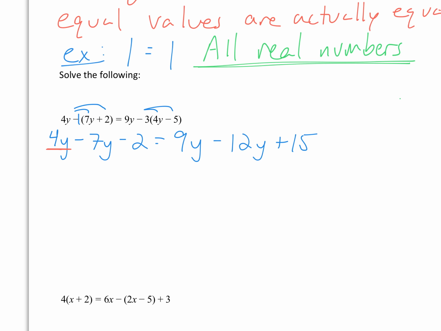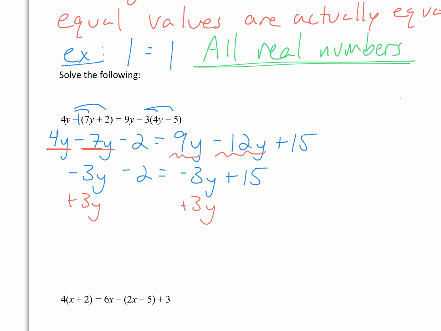From here, if we can combine like terms, let's do it. So I have 4 minus 7, -3y's. I have 9y's minus 12y's, -3y's. We need to get the y's on the same side. I'm going to go ahead and add this 3y to the left and add it to the right.